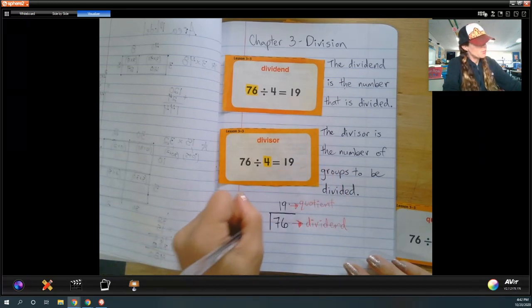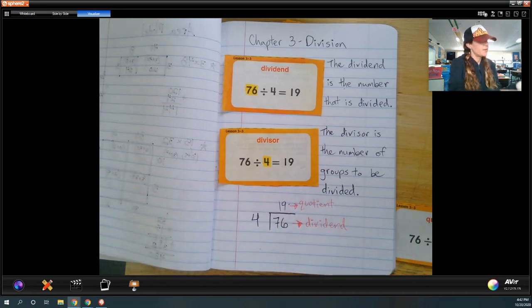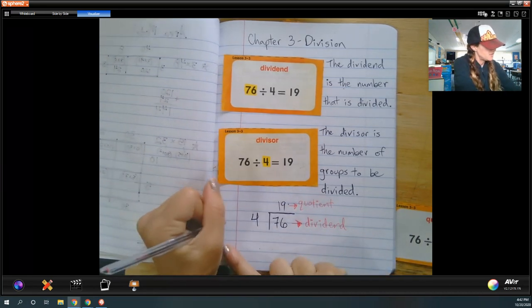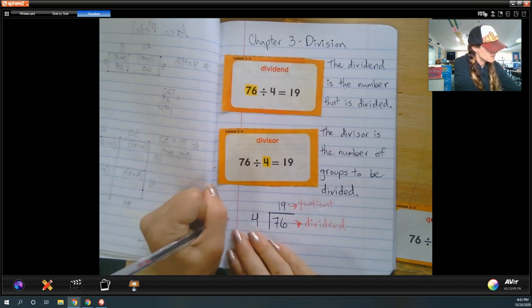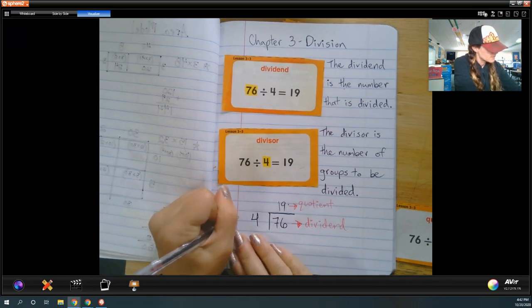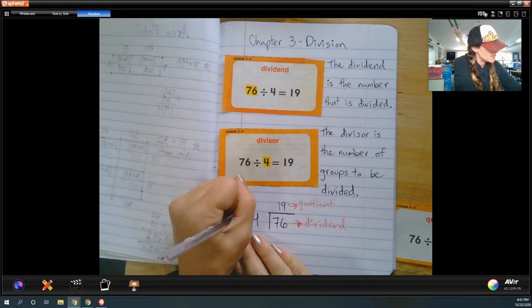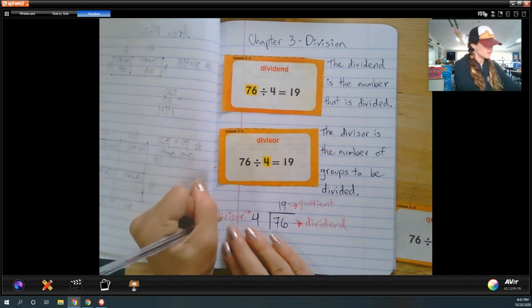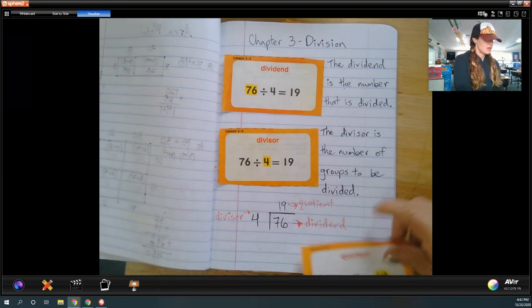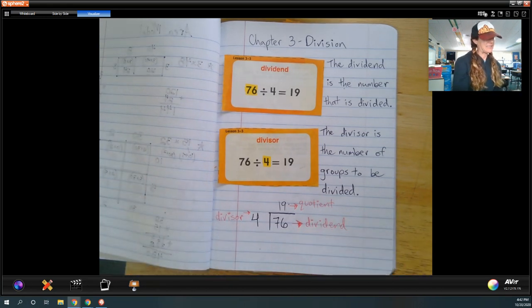And the groupings, the number of times I'm breaking up the dividend, is the divisor. I wrote it in red just so that you can see it without everything being in black. Do I have room? I'm going to go to the next page to make notes for my quotient.